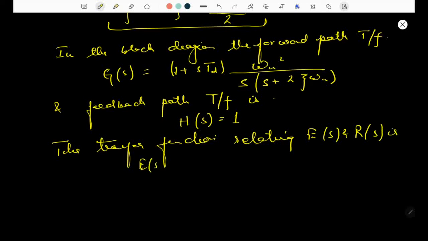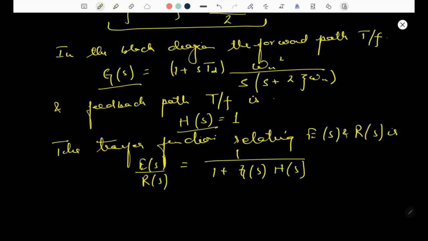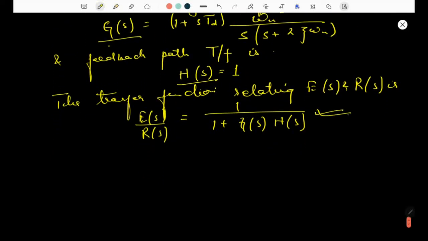So E(s) upon R(s) should be what? 1 upon 1 plus G(s) H(s). And what are the values of G(s) and H(s)? We have got the value of G(s) from here and H(s) from here, and we put both of these values in this equation.